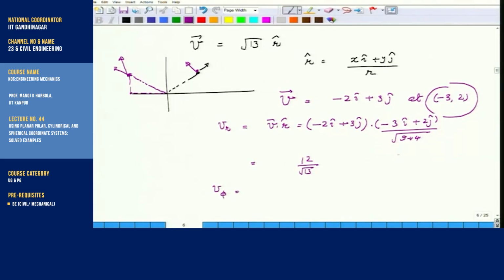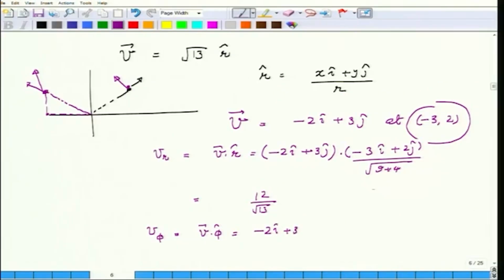V phi is going to be V dot phi, which is equal to minus 2i plus 3j times the phi unit vector, which is minus y i plus x j, so minus 2i plus xj, which is minus 3j, divided by square root of 13. So this is going to be equal to 4 minus 9, which is minus 5 over root 13.